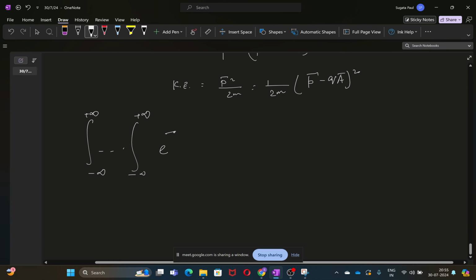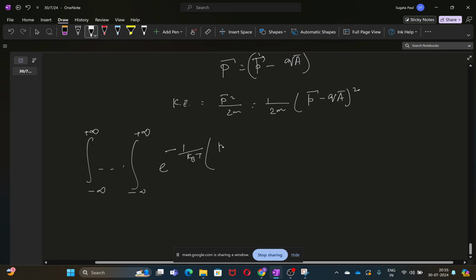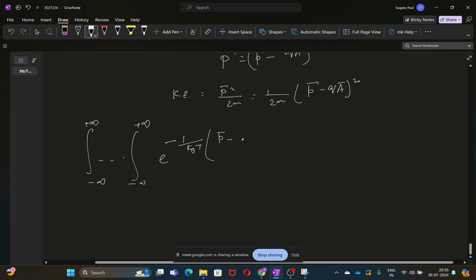So e to the power minus E by kT is basically e to the power of minus 1 by kT times (p minus qA vector) whole square, again with the similar d^3N r vector and d^3N p vector.